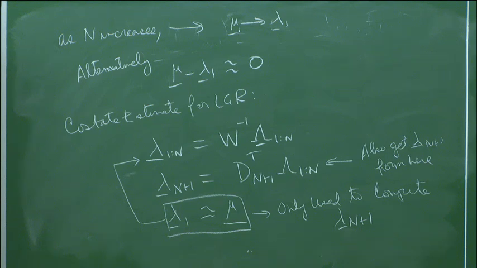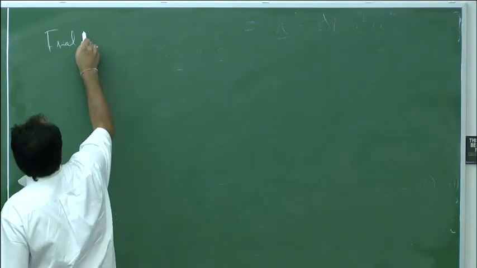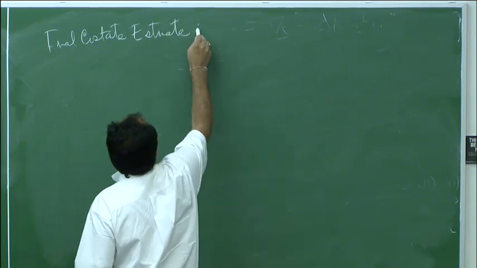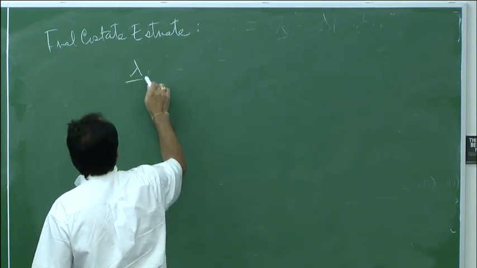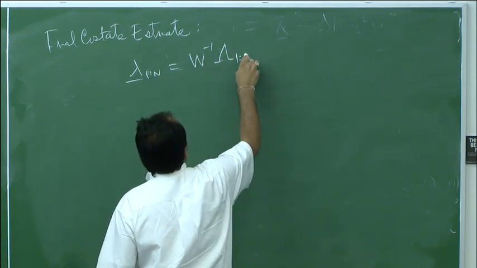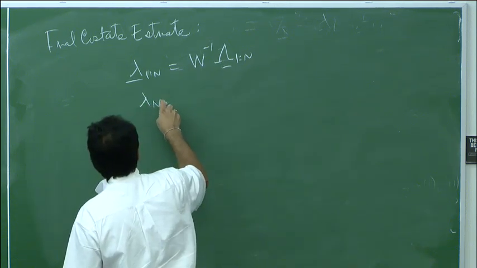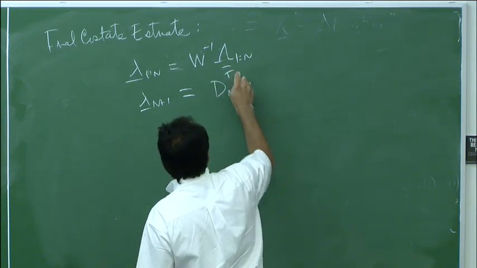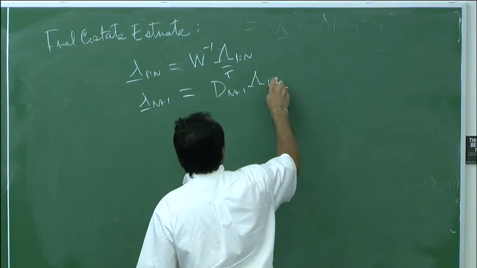We get a complete costate estimate simply by doing the following. The final costate estimate looks like this: lambda 1 through n is equal to W inverse capital lambda 1 through n, and lambda n plus 1 is equal to D n plus 1 transpose times capital lambda 1 to n.